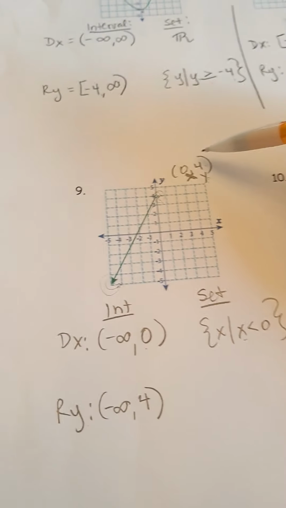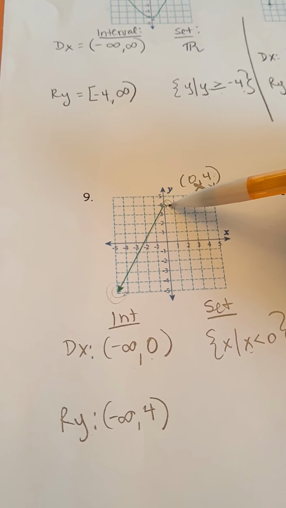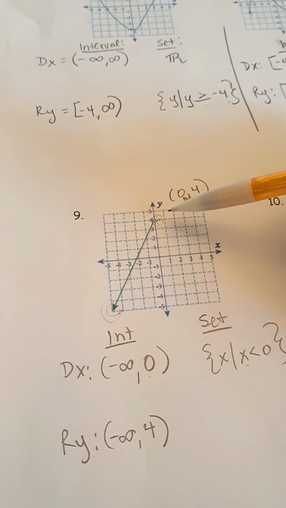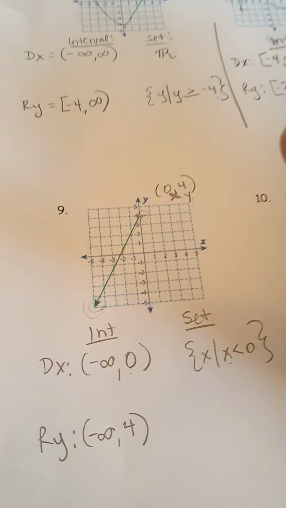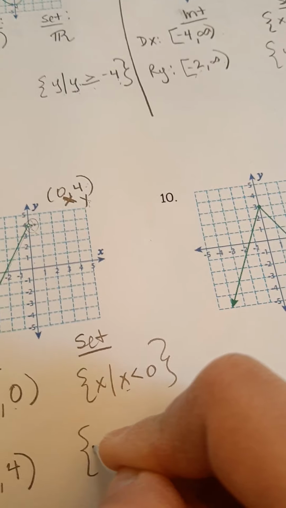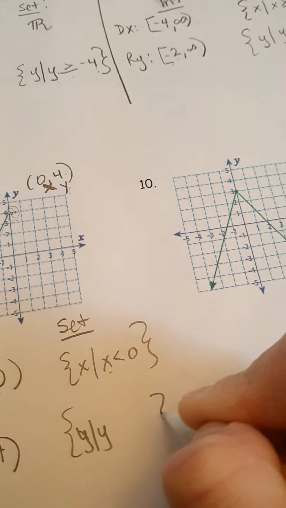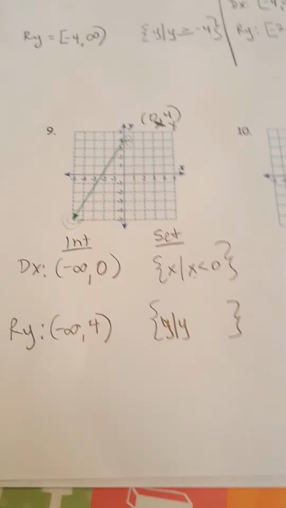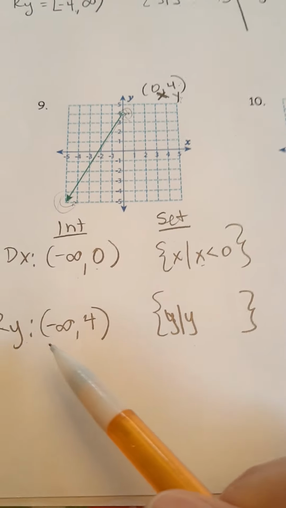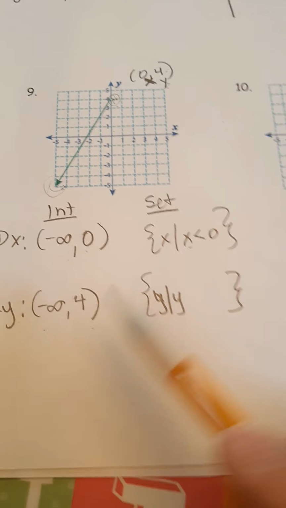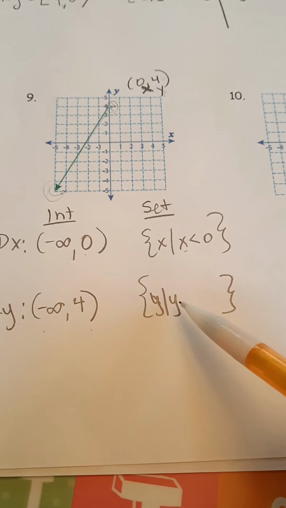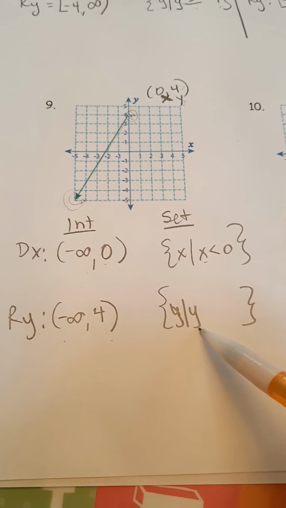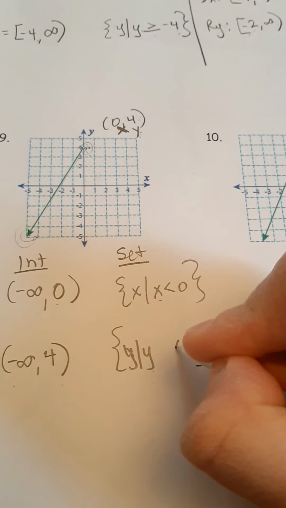The highest point is 4 at an open circle, so it's parentheses. It's really a good idea to identify the coordinate when it's on an axis because it makes life clearer. Then the set notation, set always gets the squigglies, and I'm dealing with range. I have a -infinity and a number, so I put the variable y, and the number.